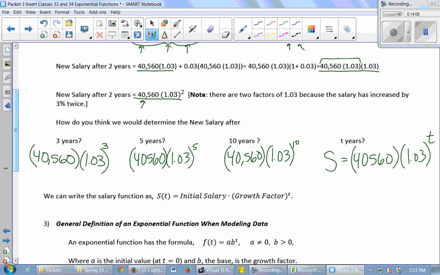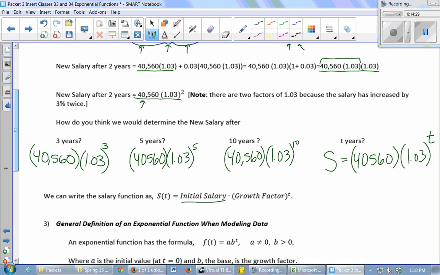So you raise it to the t. To be a little bit more general, that 40,560 was my initial salary. So I could just write initial salary there instead of 40,560. And 1.03 is something we call the growth factor.